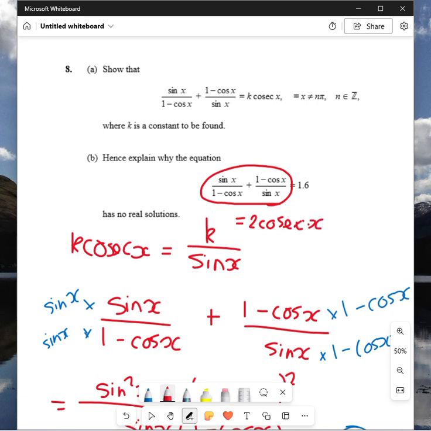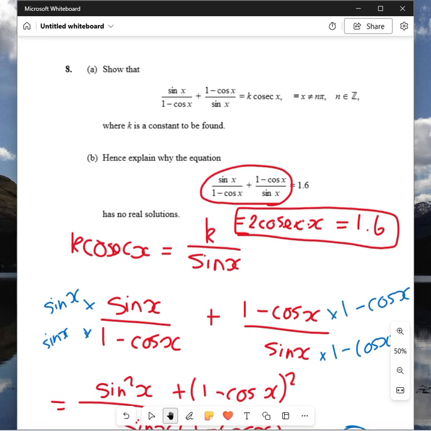So what we're really saying is that 2 cosec x is equal to 1.6. That's the thing we are using. If it says hence, use what you did in the previous question, which is why a lot of those questions will say show that, because you can then still carry on with the next part of the question.